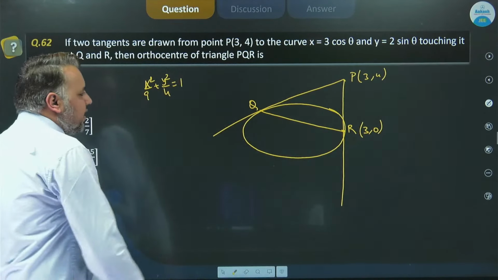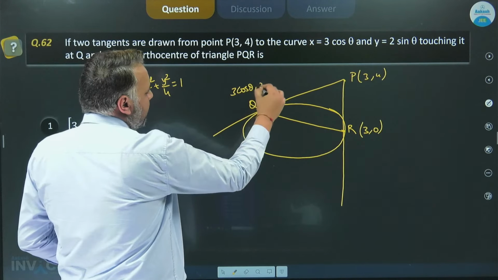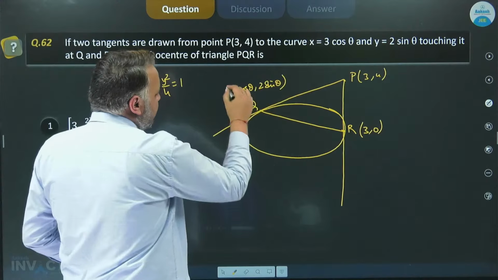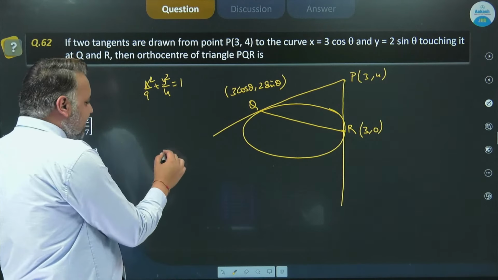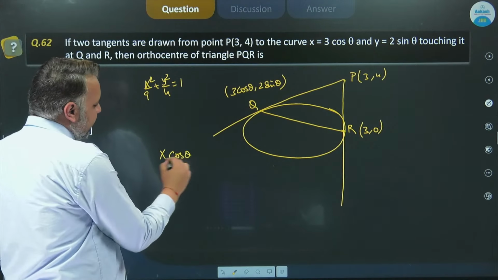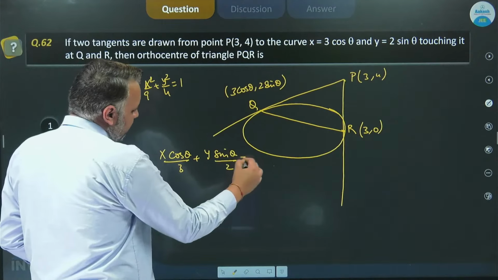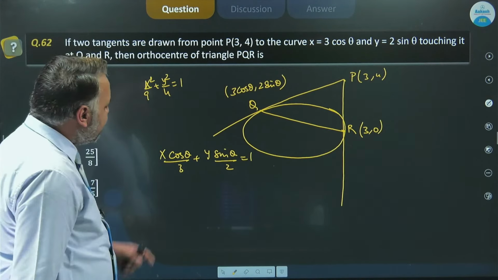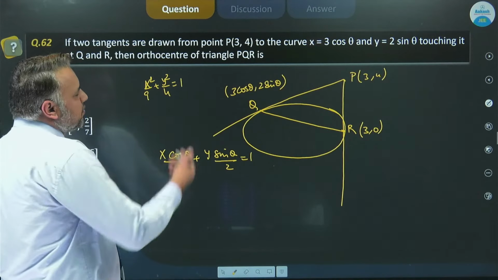Otherwise we can say that if we draw a tangent at (3 cos theta, 2 sin theta), at any general point whose eccentric angle is theta, we can write the equation of the tangent as x cos theta divided by 3 plus y sin theta divided by 2 is equal to 1. Now this tangent passes through the point (3, 4). Let's pass this tangent through the point (3, 4).